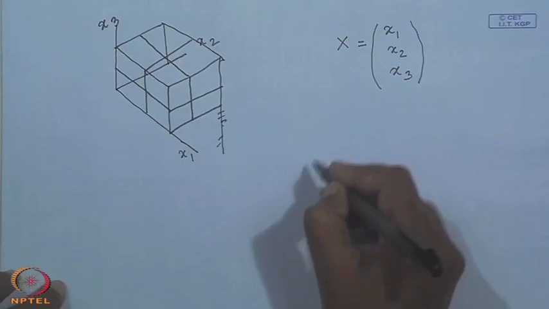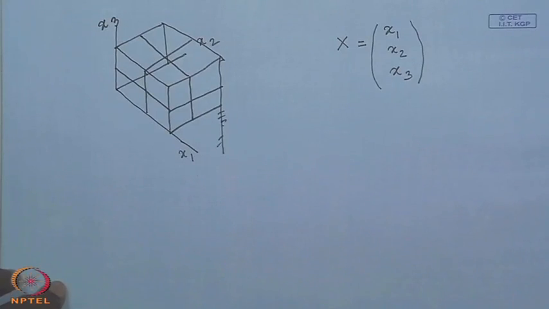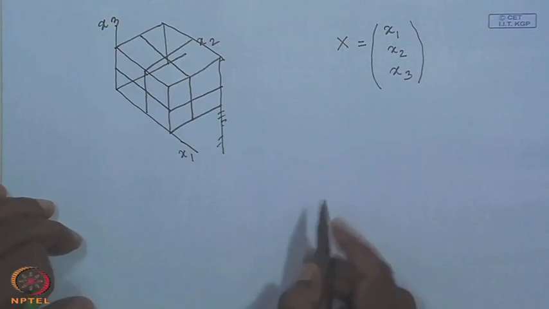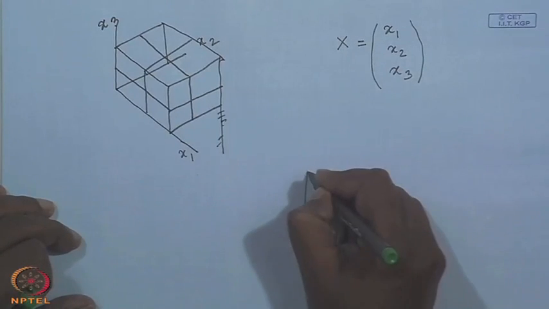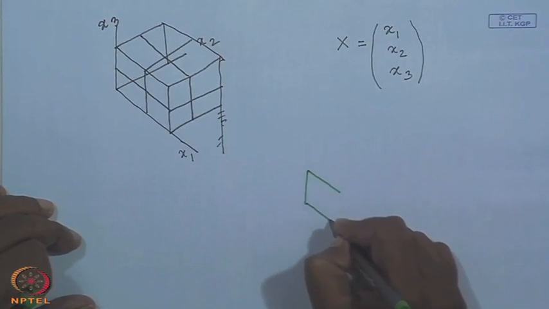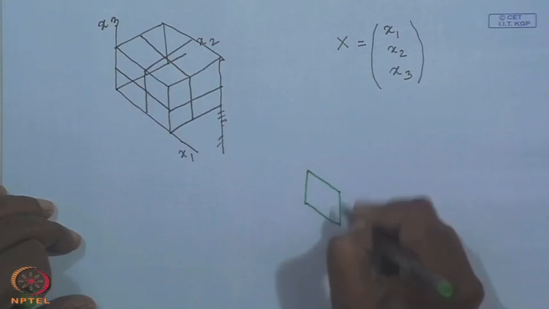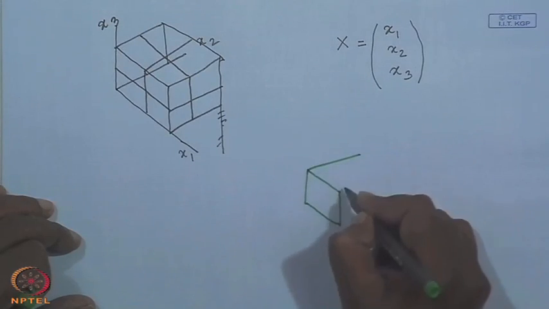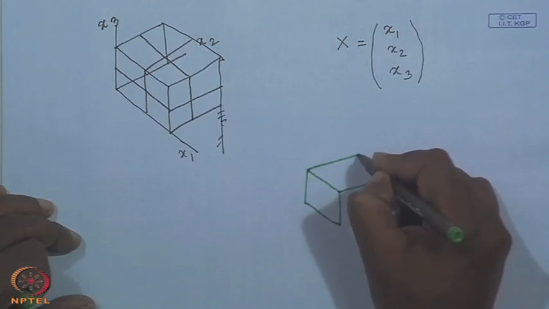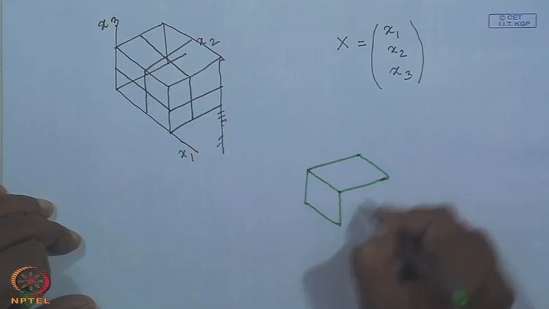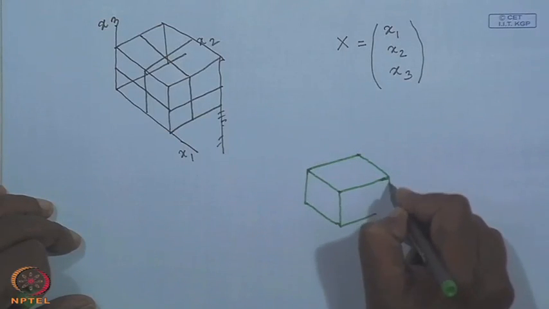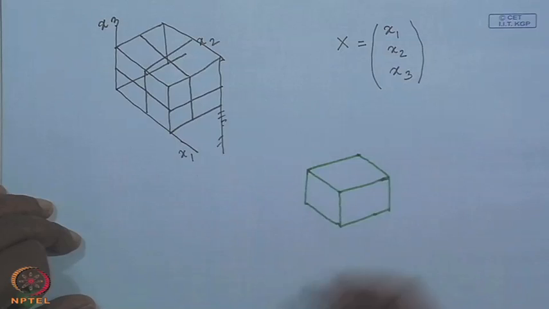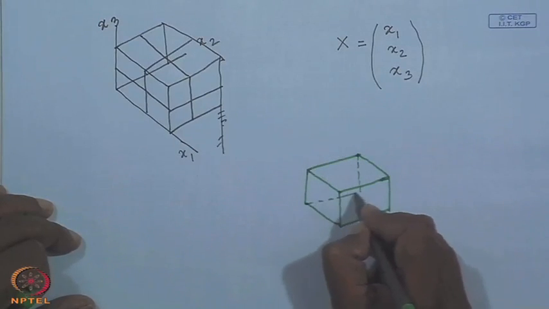So, if I consider a single volume element out of this, this volume element has got 8 different vertices.